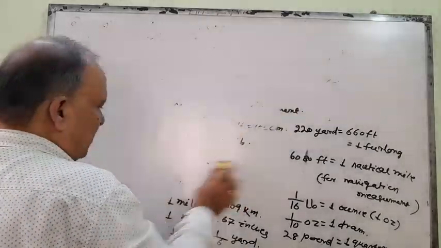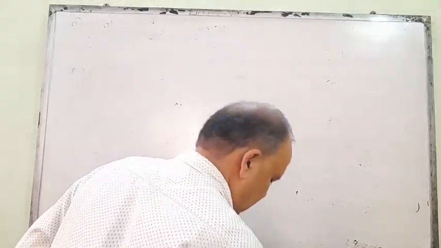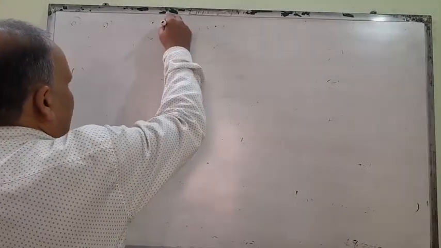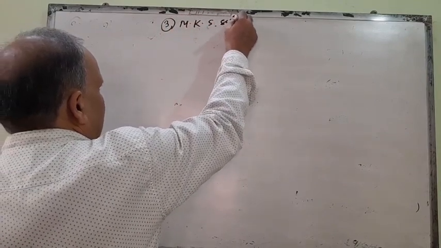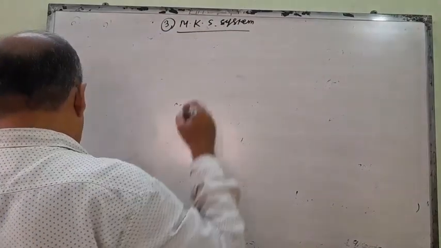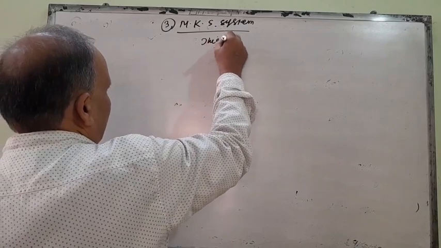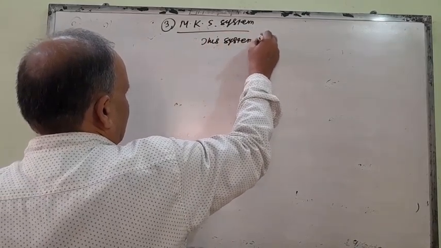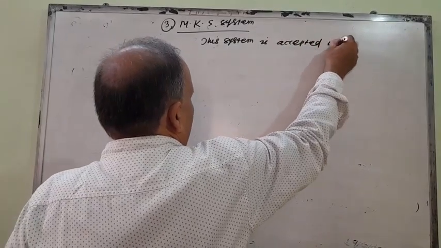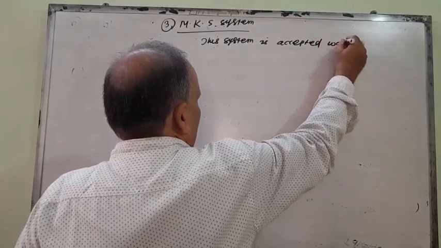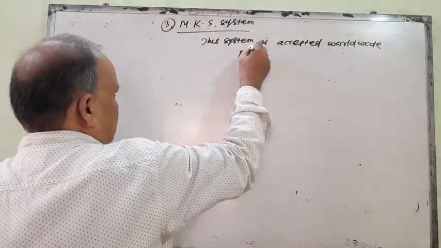Next come to MKS, the third system of measurement. This system was accepted worldwide previously.